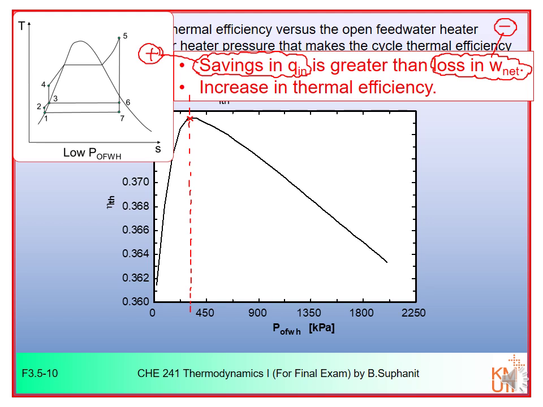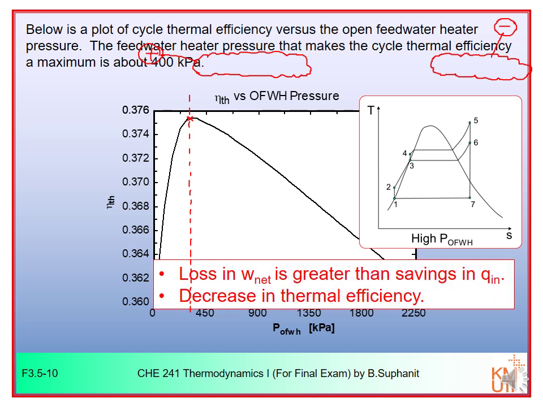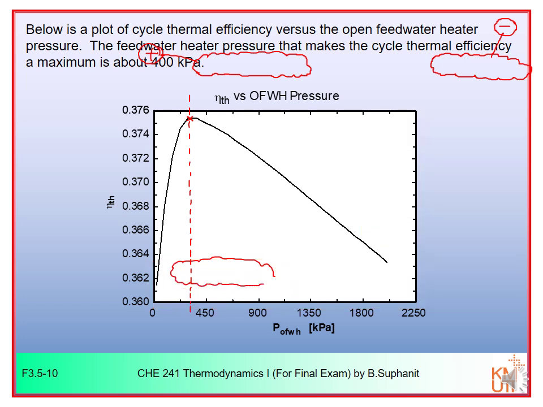Now, once you have reached the maximum point and you keep increasing the pressure further, the effect of the loss would be greater. The loss in W net would be greater because in this region at high pressure, the Y value would be very high.